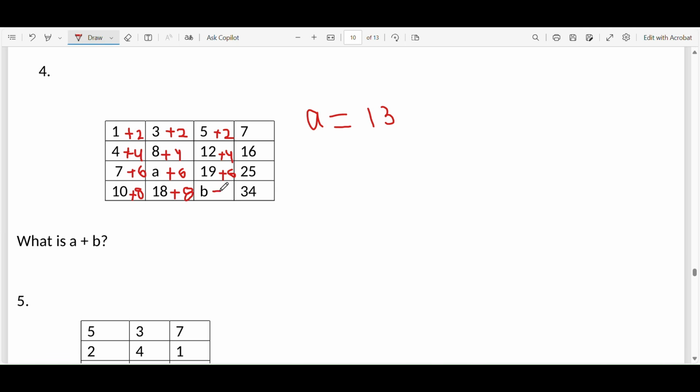Okay, so 10 plus 8 will give you 18, and 18 plus 8 will give you 26 here, right? It is 26. Value of A is 13 and value of B is 26, right? This question is so easy, so we got the answers as 13 and 26 as the values of A and B.